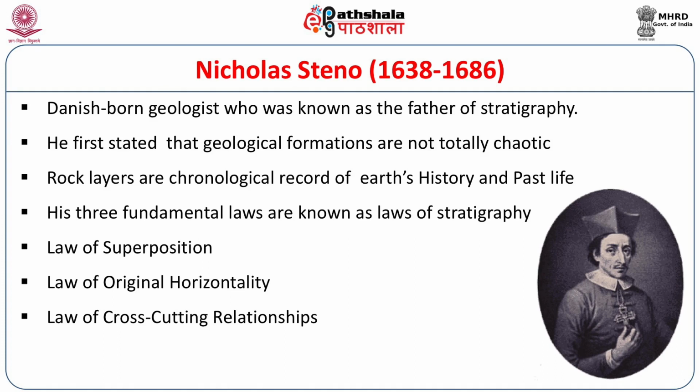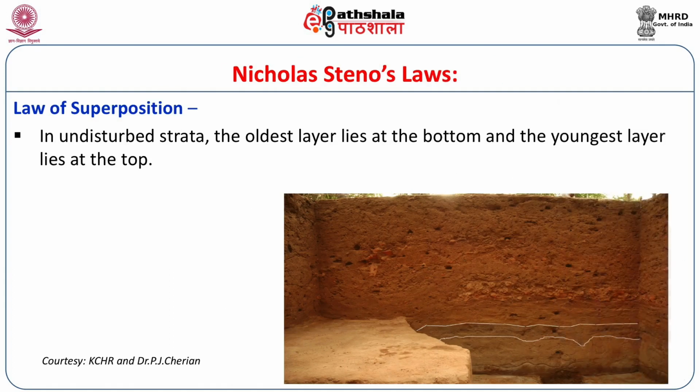For this, he put forward three fundamental laws. They are known as the basic laws of stratigraphy. One is the law of superposition, second is the law of original horizontality, third is the law of cross-cutting relationship. Let's look into these laws in detail.